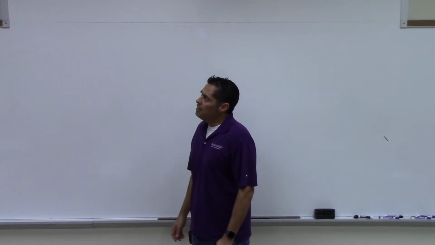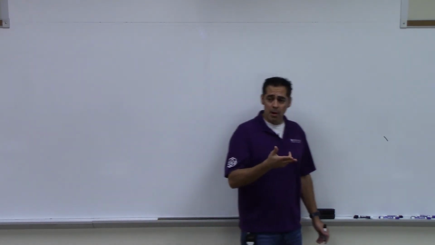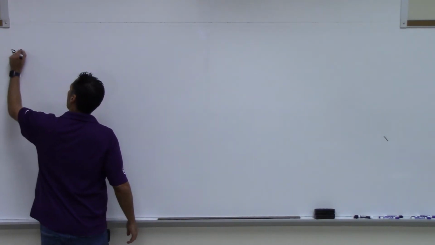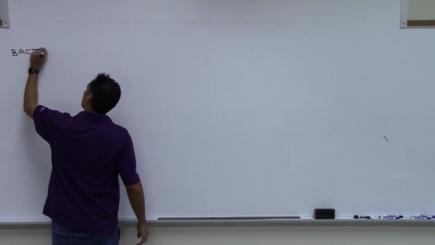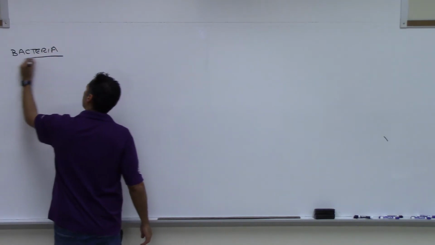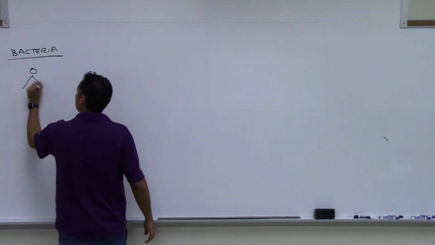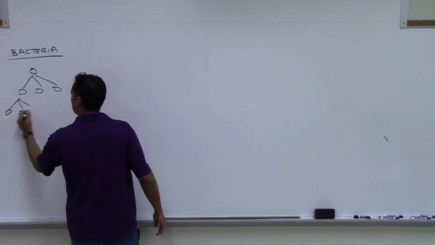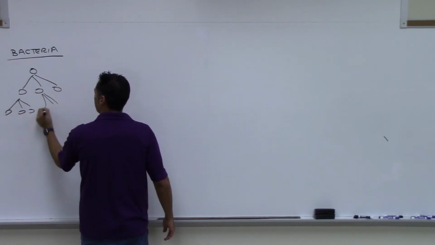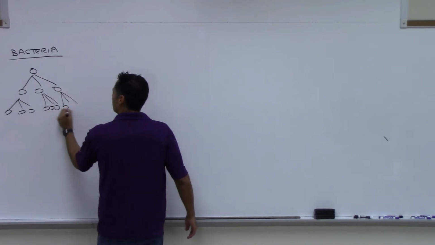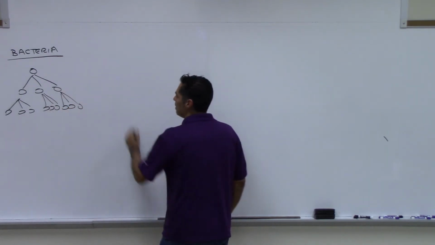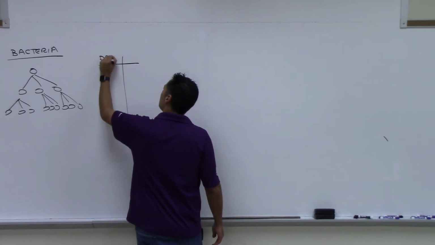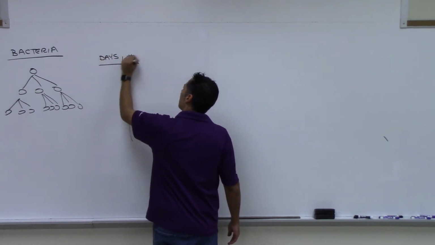So let's continue talking. I showed you the bacteria problem. Remember the bacteria? We had one bacteria and we said that every day it would triple, right? You should have that. We made a table with the days and the number of bacteria.